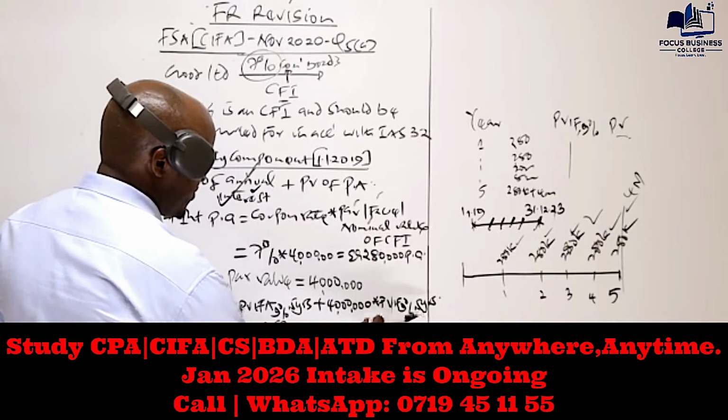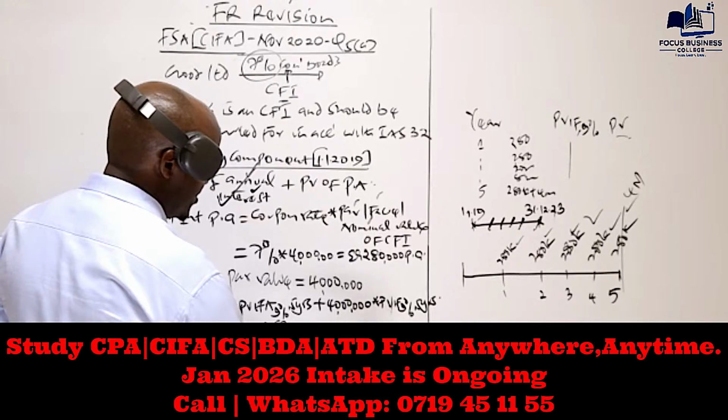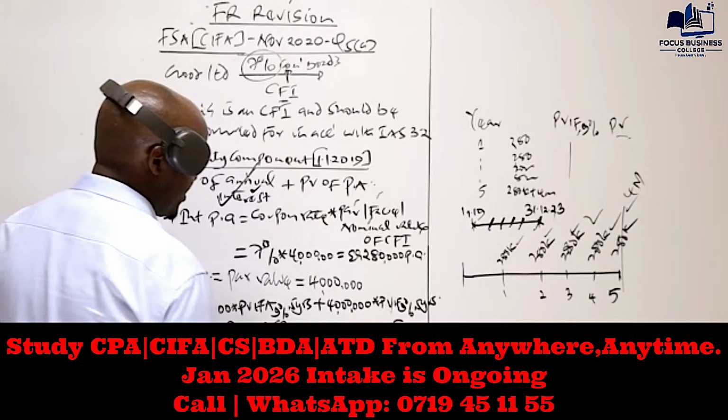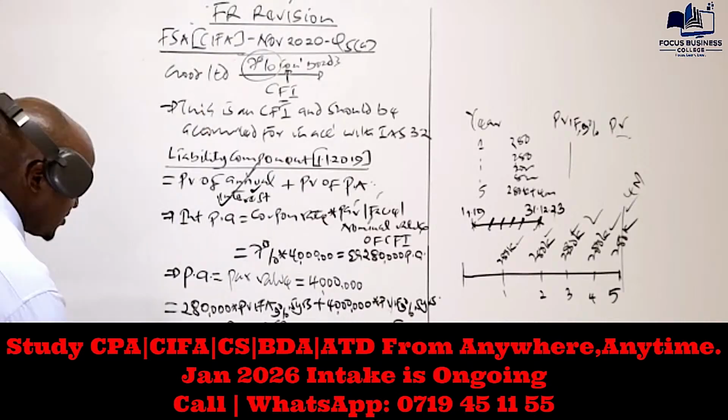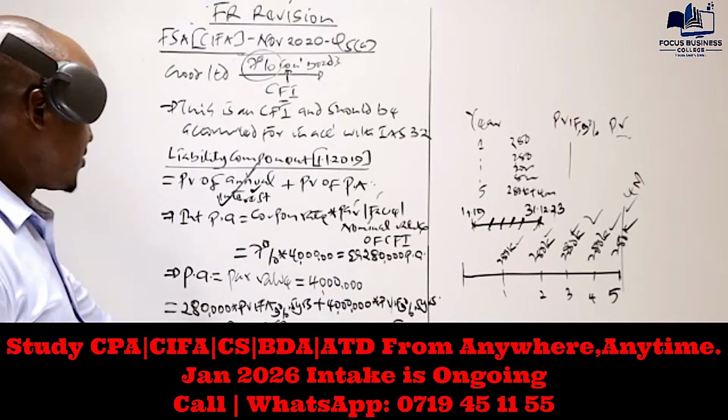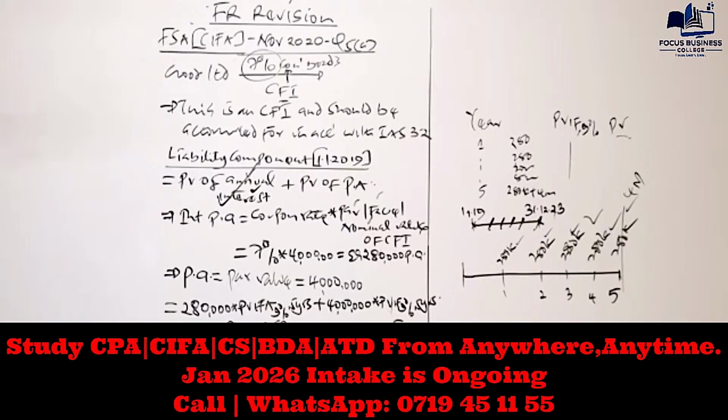So the formula for getting this is 1 plus R, which is 1.09, raised to power negative 5. So let's work out this. We start with what we have here, the PV annuity factor. So we have 1 minus the answer divided by 0.09.